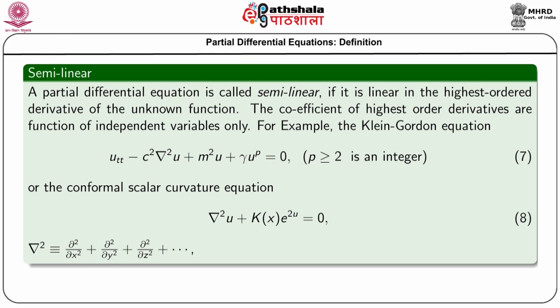One example of semi-linear equation is written in equation number 7, and another example is also given in equation number 8, where del square is the Laplacian, which is defined as del 2 del x square plus del 2 del y square plus del 2 del z square. The equation number 6 appears in differential geometry.